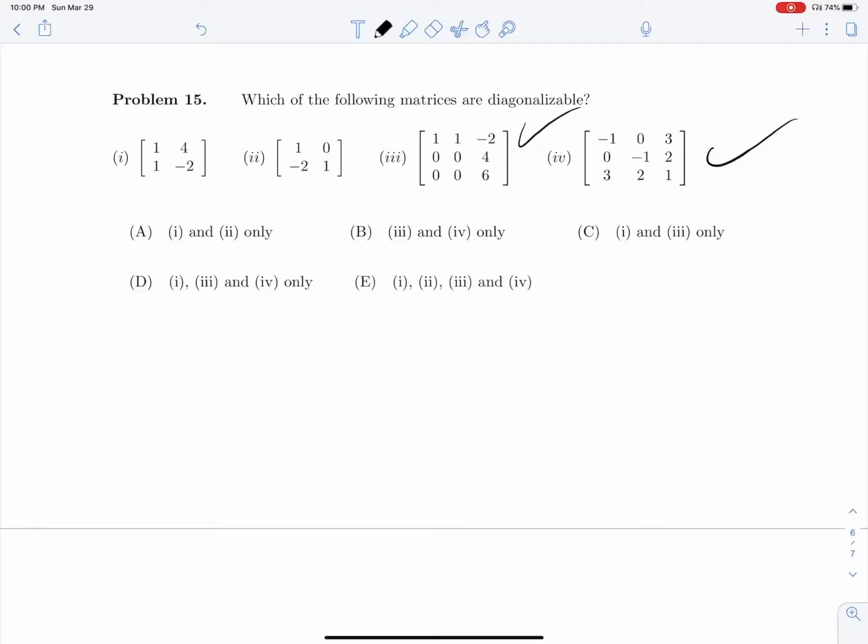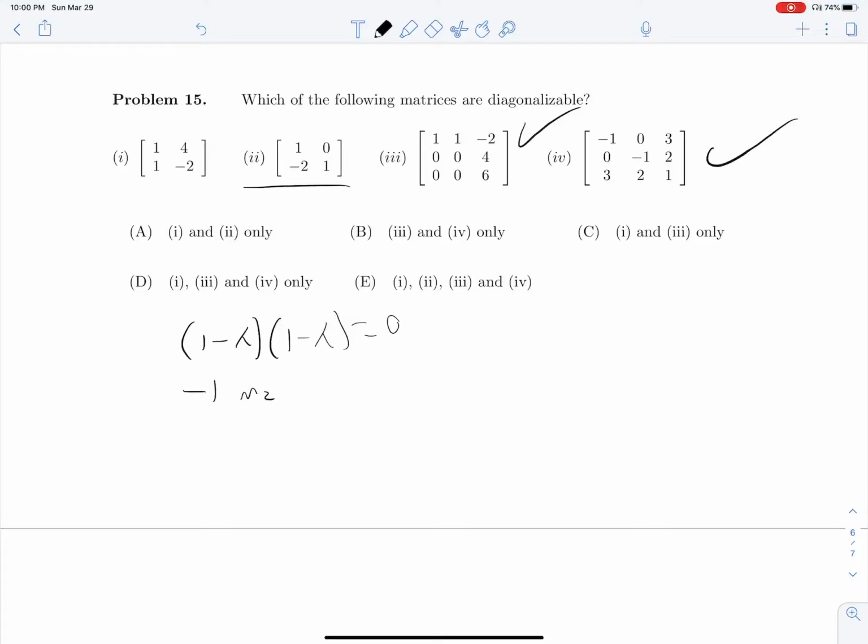Taking a look at 2, let's try to solve that. We are going to get 1 minus lambda times 1 minus lambda is equal to 0. Our solutions are -1 with a multiplicity of 2. Let's see what that solution gives us.